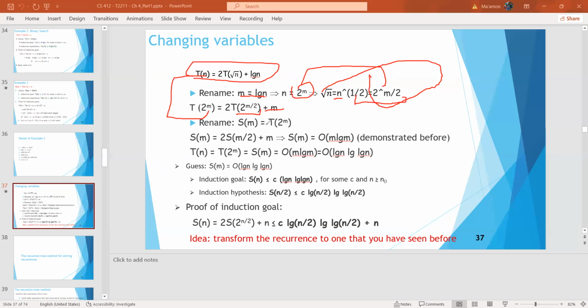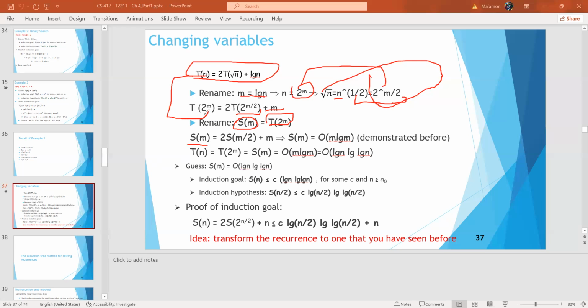Okay, now we have simplified it more by replacing T of 2 to the power m by S of m. So now we have S of m equal T of 2 to the power m. We are renaming it: we are replacing T of 2 to the power m by S of m.